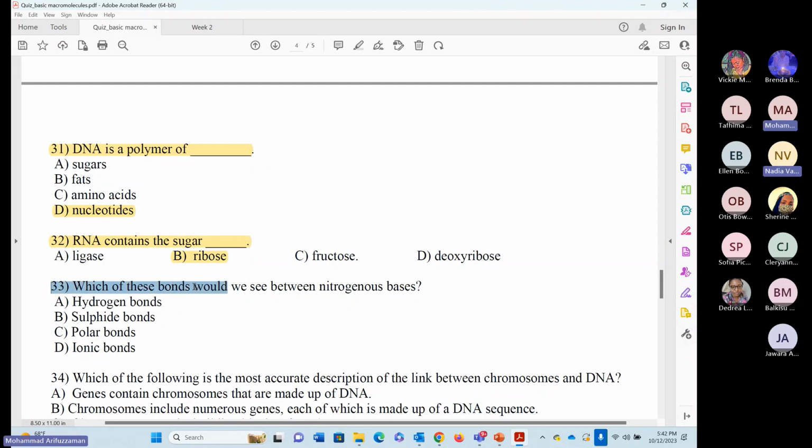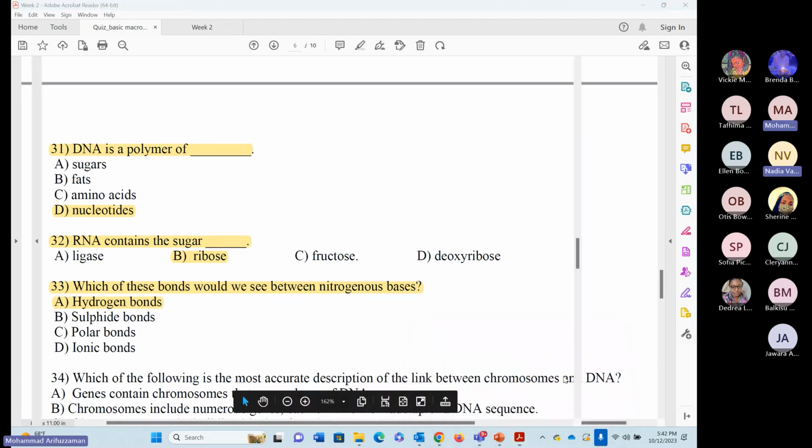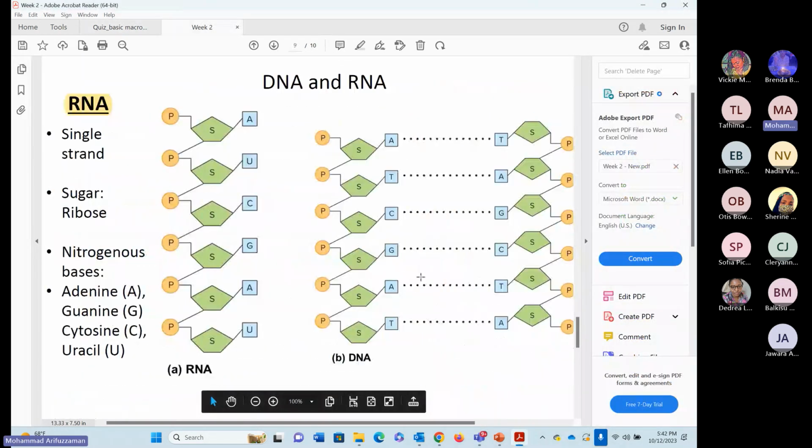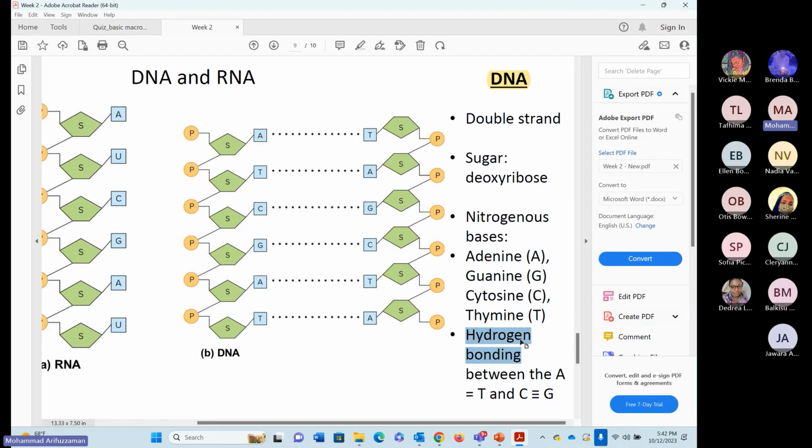So, which of these bonds would we see between nitrogenous bases? Is it A, hydrogen bond? Yes, correct. We discussed yesterday that you can see the hydrogen bonding between the nitrogenous bases, adenine and thymine, and cytosine and guanine. These are the hydrogen bonds.